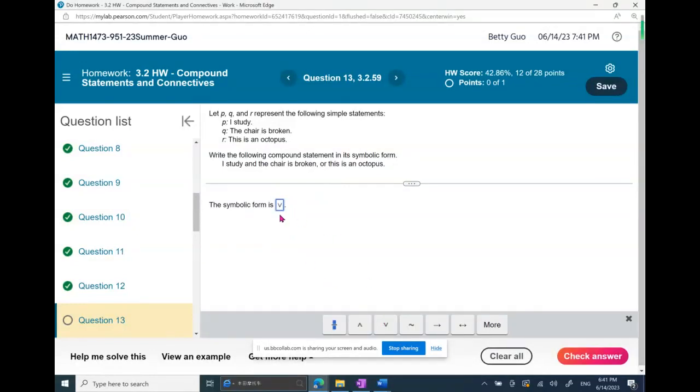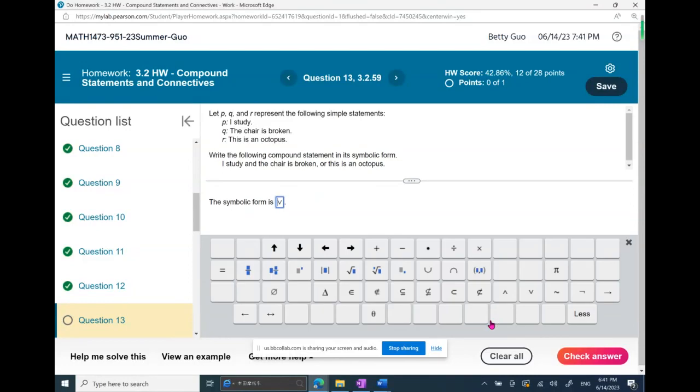The first component, on the left, is more complicated, so I'm going to use parentheses.